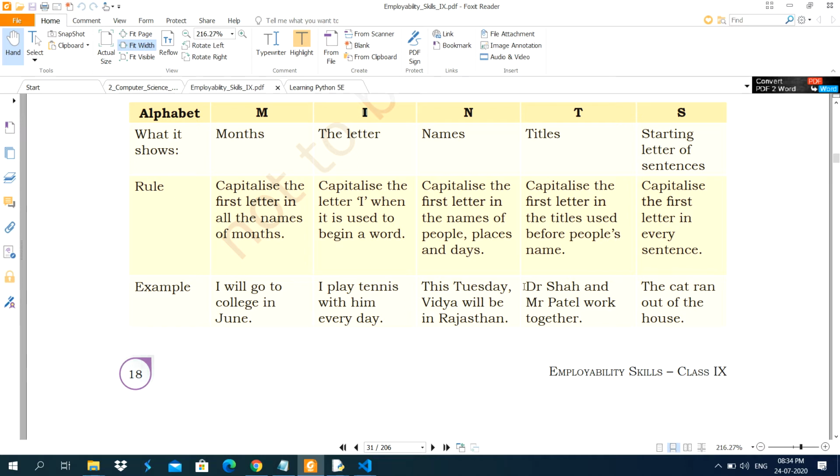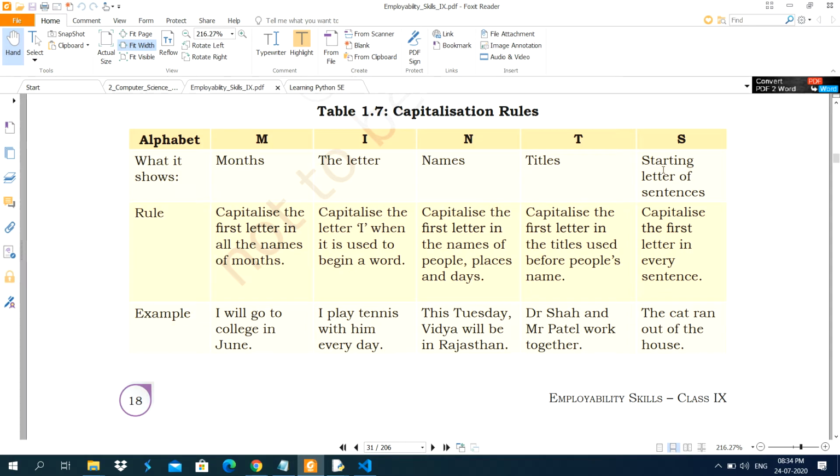Here the title is doctor, and the short form of doctor is Dr., Mr. its short form is MR, and Mrs. its short form is MRS. So this example is Dr. Shah and Mr. Patel work together.